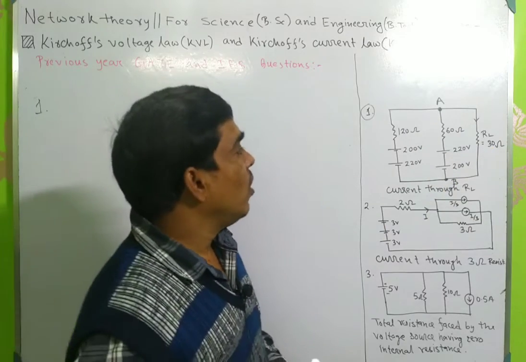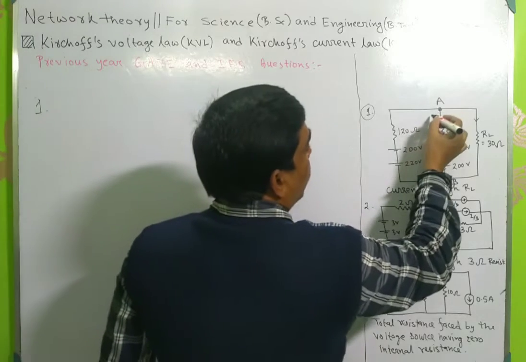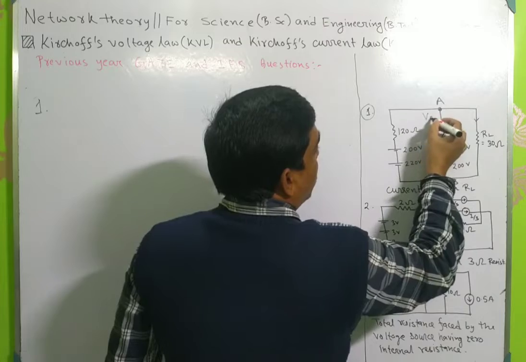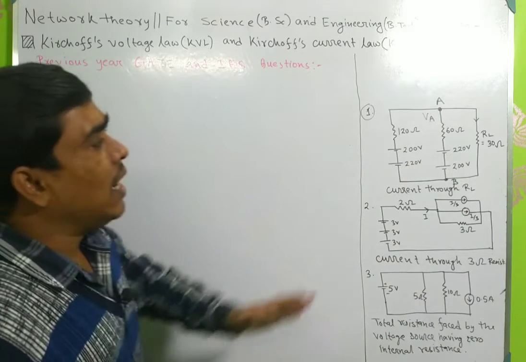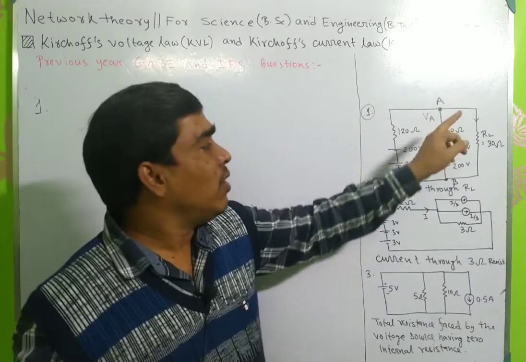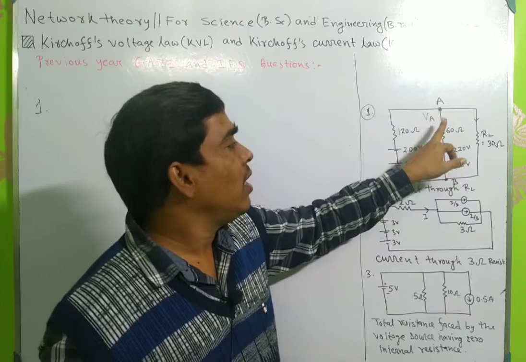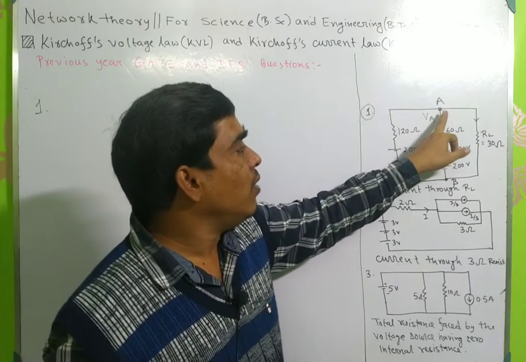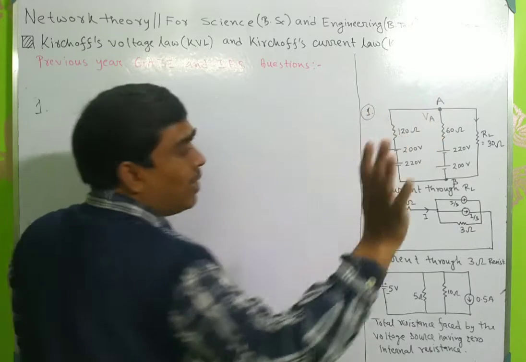Okay, so suppose the node voltage at A equals VA, and I assume that all currents are leaving from this node. So the node voltage will be maximum.